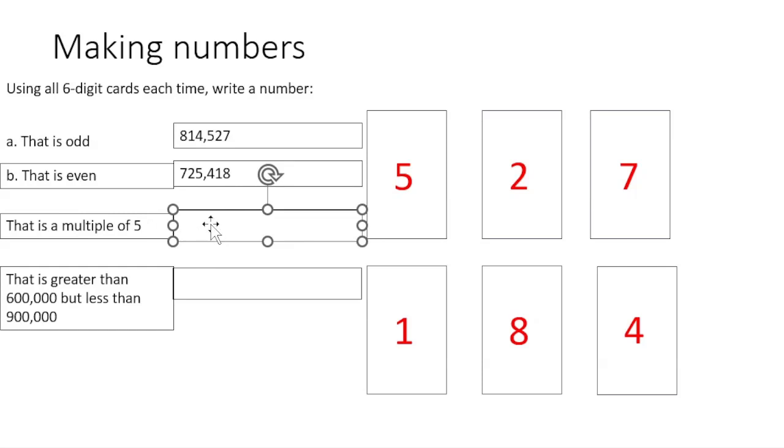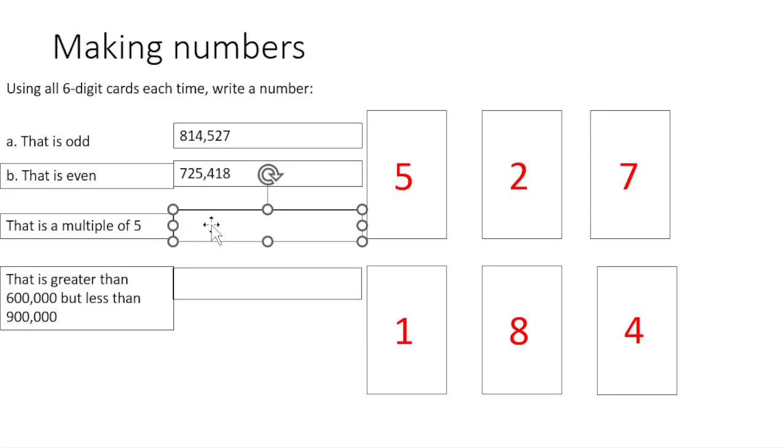Now we need to make a 6-digit number that is a multiple of 5. So hopefully we all know our 5 times tables, which should be 5, 10, 15, 20, 25, 30, 35, 40, 45, 50, and so on. So we need to make sure that our number ends in either a 5 or a 0, because that means our number will be divisible by 5. We're going to have our 5 on the end because we don't have a 0 there.